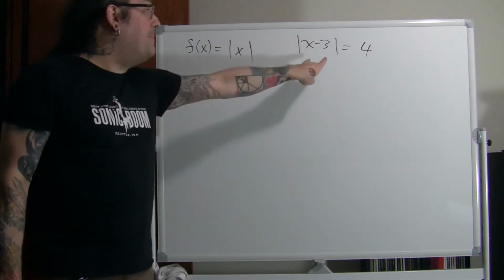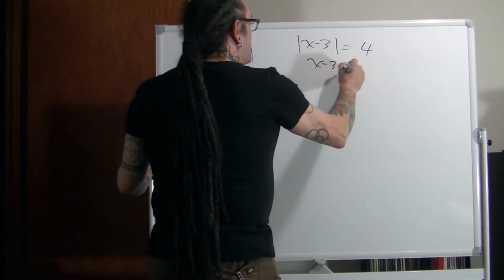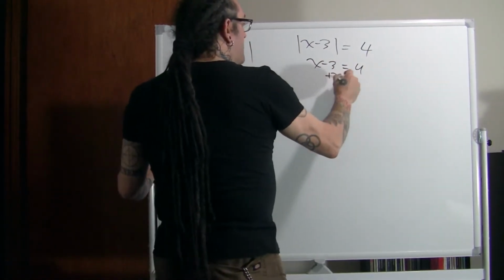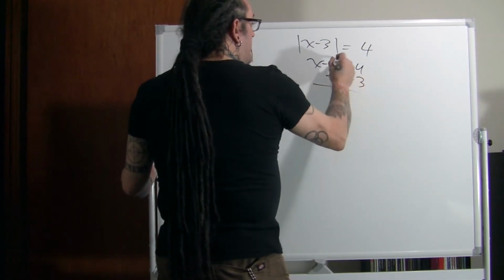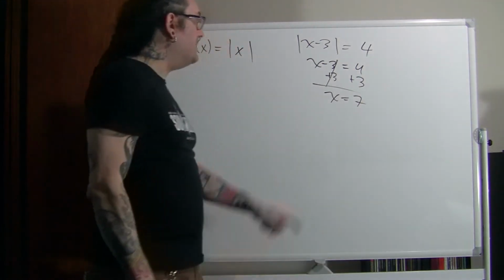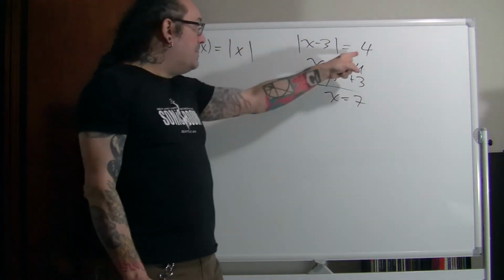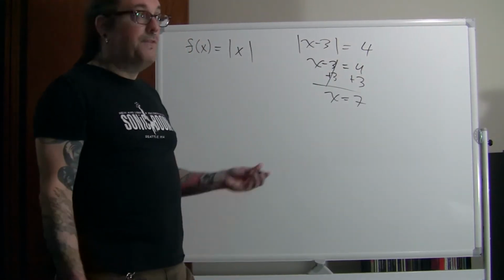Now, I can actually drop the absolute value bars here and do x minus 3 equals 4, add 3 to both sides, and then I would get x equals 7. And I see that 7 minus 3 produces positive 4, and that gives me the absolute value of 4.